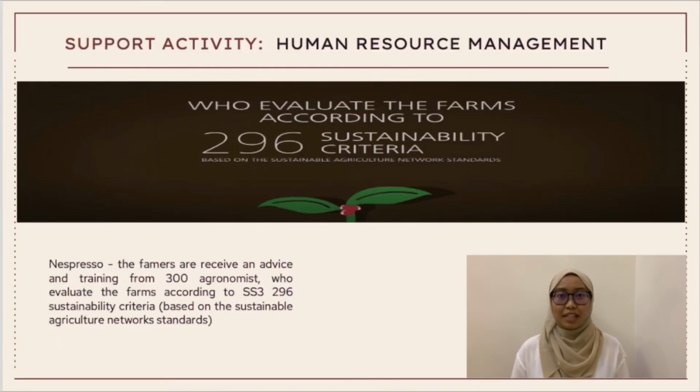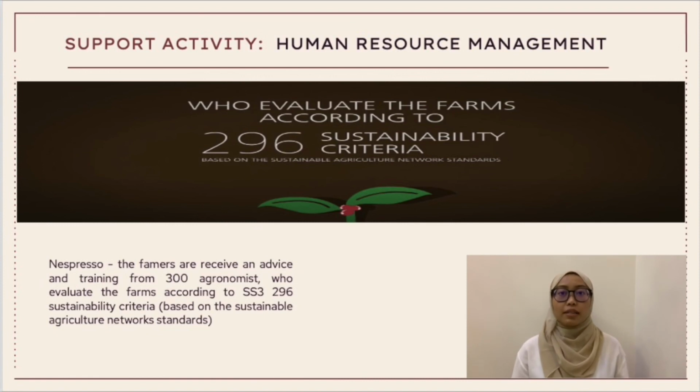Human resource management consists of the activities of recruiting, training, educating, and developing the people that are working in the company. Human resource management also determines the skills and motivation of the employees that work with the company. In Nespresso, more than 63,000 farmers since 2019 have received advice and training from 300 agronomists under the Nespresso AAA Sustainable Quality Program.